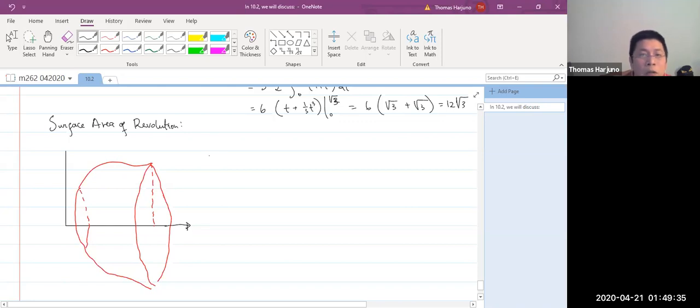Now the surface area of revolution we have here, let's say this is x equals a and this is x equals b, then it will be the integral from a to b of 2 pi y ds, if you remember.